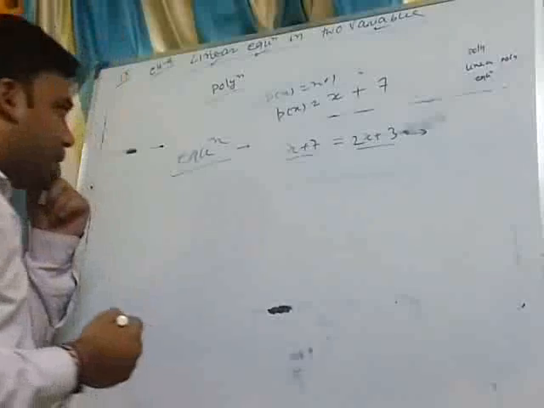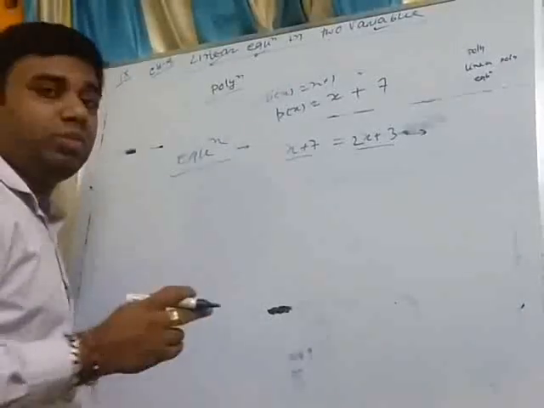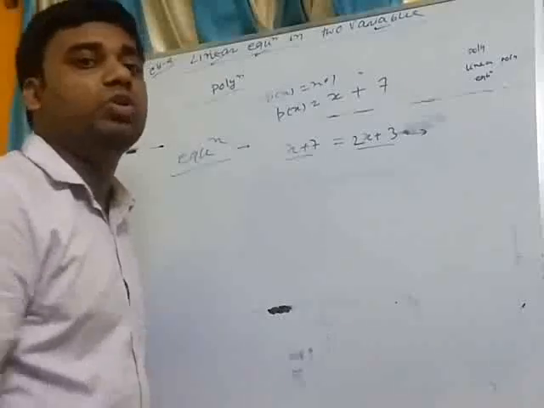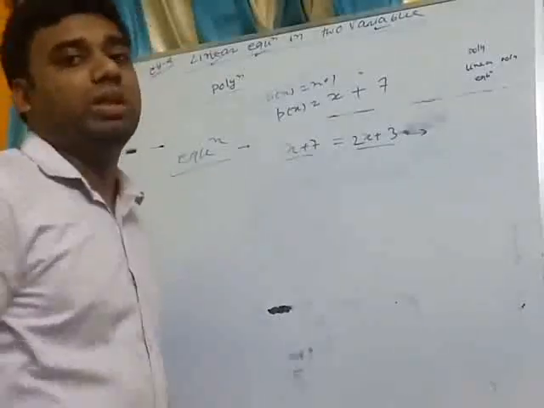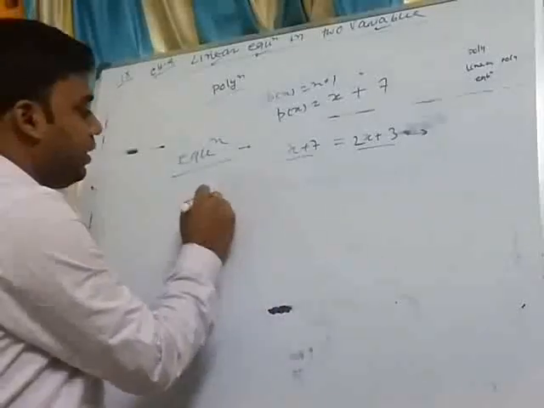In the definition of equation I told about unknown quantities. What are those unknown quantities? Those unknown quantities are known as variables.